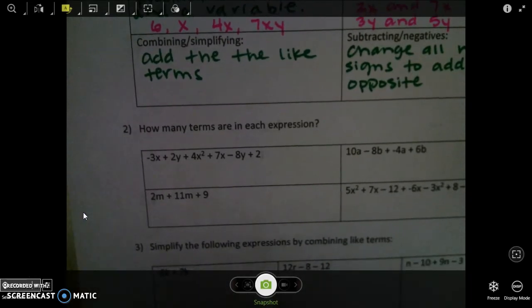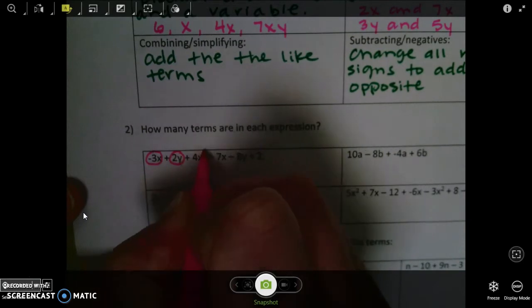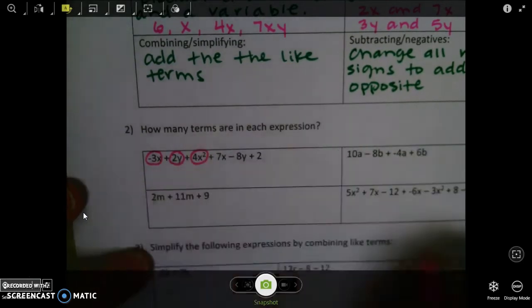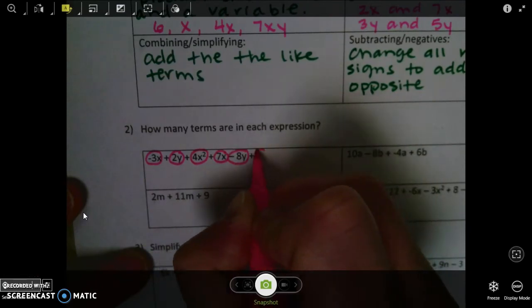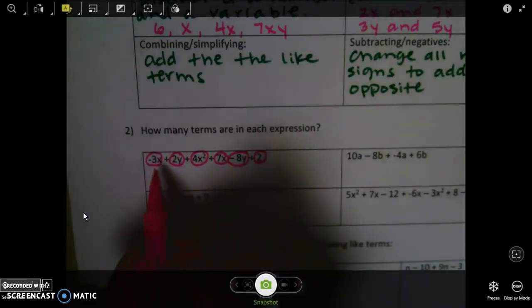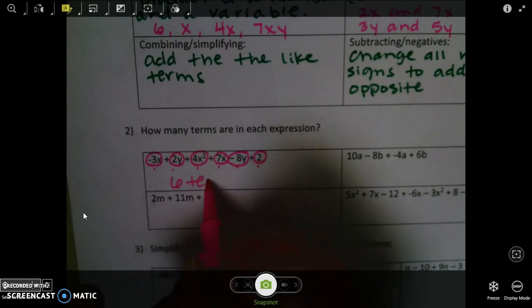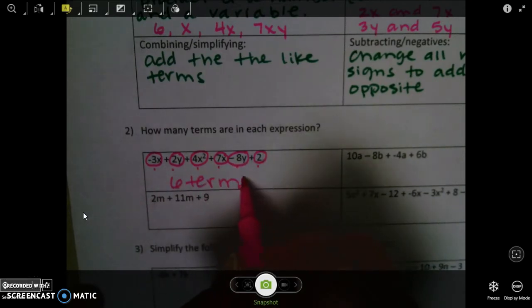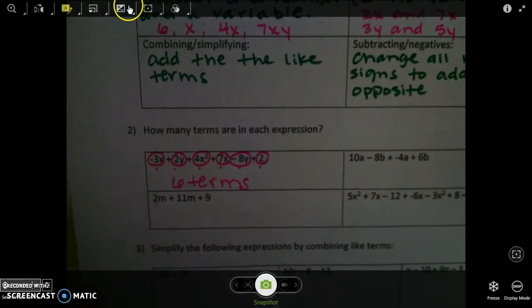So negative 3x is a term, 2y is a term, 4x squared is all one term, 7x, negative 8y, and 2. So these are all the terms. So if we count them, there are 1, 2, 3, 4, 5, 6. You'll notice that they're separated by addition symbols.